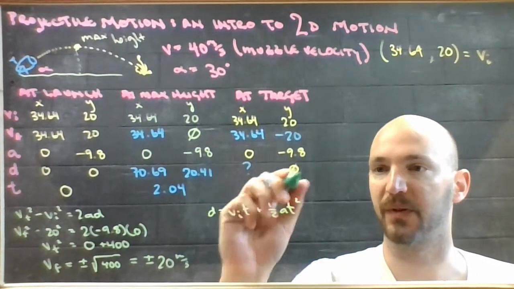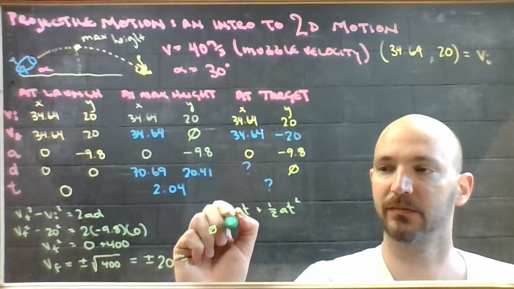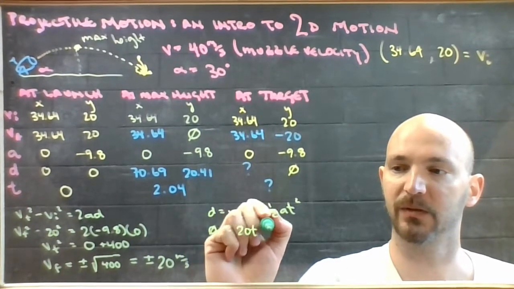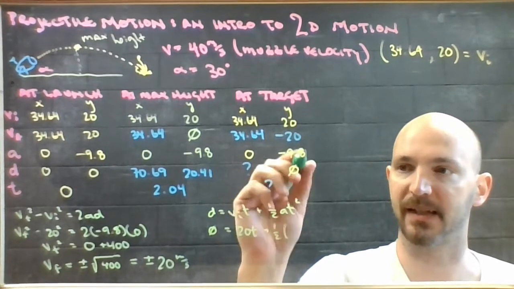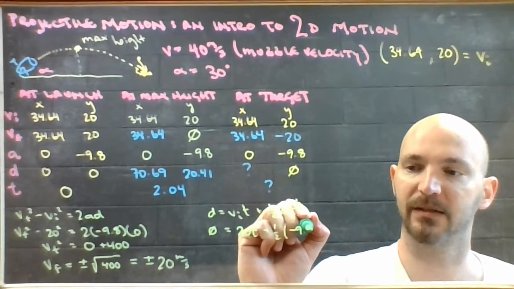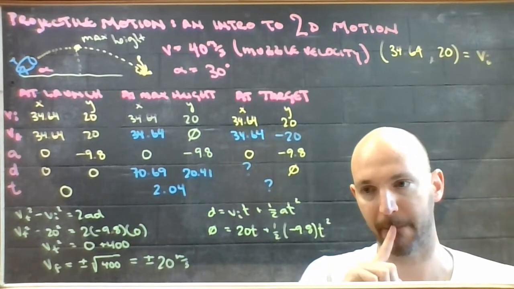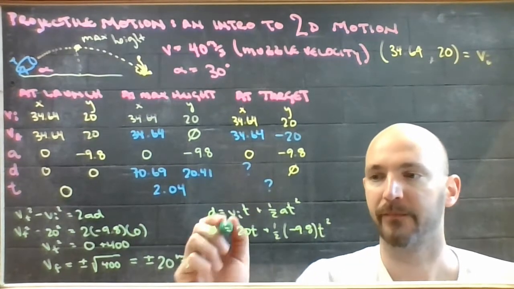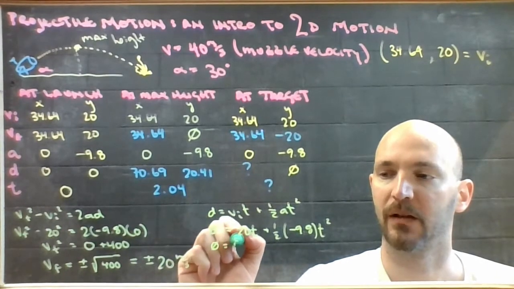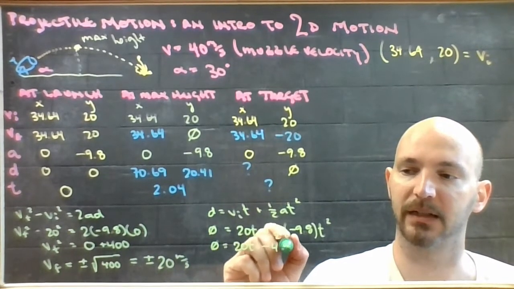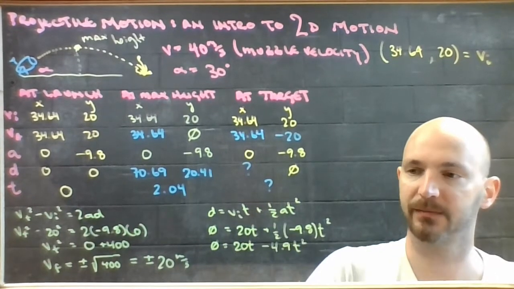So my position here would be 0. Initial speed was 20, t I don't know. It's 1/2. My acceleration is negative 9.8. T squared I don't know. T, half of 9.8 is negative 4.9 t squared.